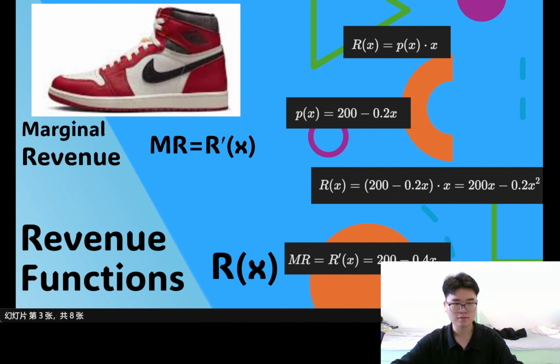We will find the marginal revenue. What's the meaning of the marginal revenue? It means that we assume that 15 pairs have been sold. Then selling another pair will get 118 in revenue.